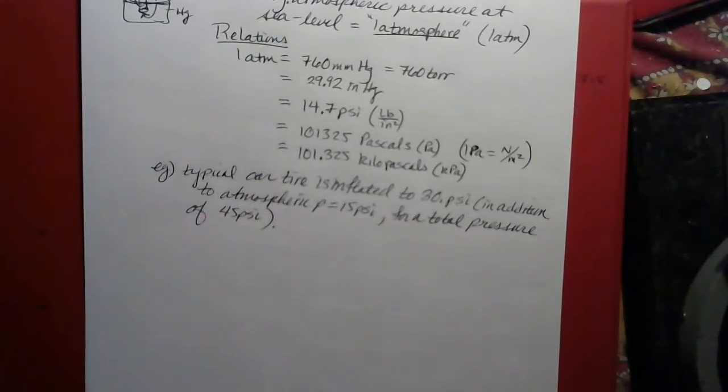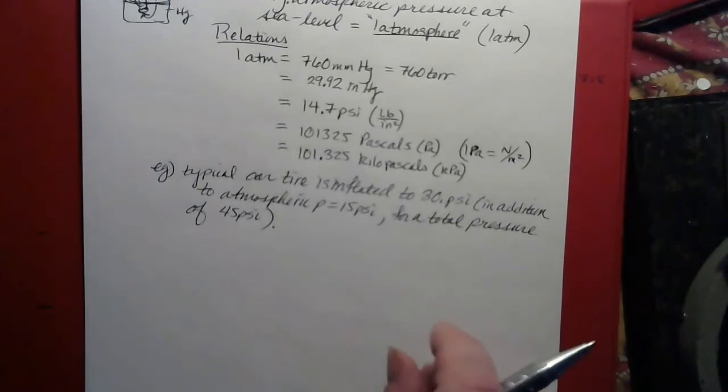So, you know, when you look at a tire gauge, when it's not connected to the tire, it normally reads 0, even though the atmosphere around you is exerting a certain amount of pressure. The pressure gauge for the tire is really only interested in how much pressure is inside the tire. It doesn't really care how much pressure is outside the tire. And so they count atmospheric pressure as being 0.